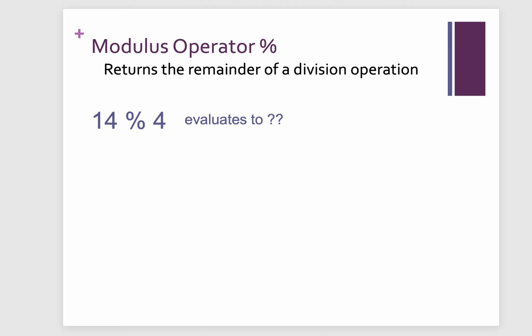Well, in order for us to answer this question, we first need to do some division. So let's take 14 divided by 4, and we can even break that down the old way like you did in elementary school. We know 4 can go into 14 3 times, and 3 times 4 will give us 12.